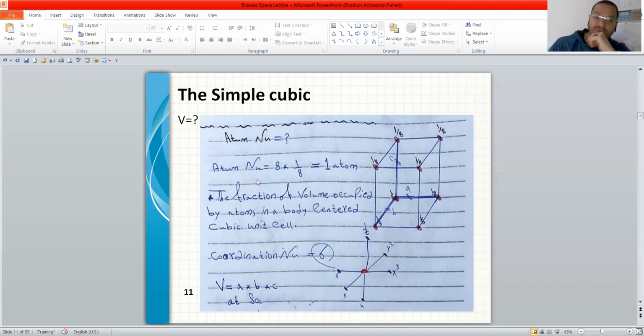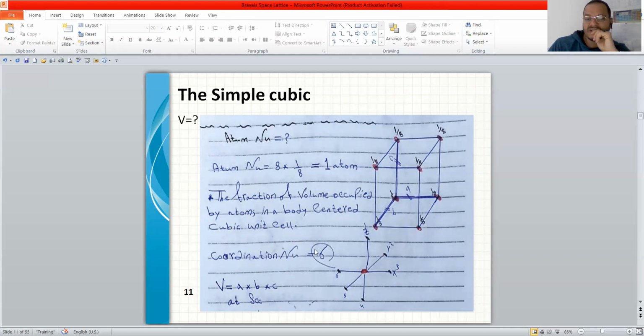Let's start from the atom number. We have 8 corners. In each corner, we have 1 divided by 8, so we have 1 atom in all this simple cubic, sure. The fraction of volume occupied by atoms in a body-centered cubic unit cell.